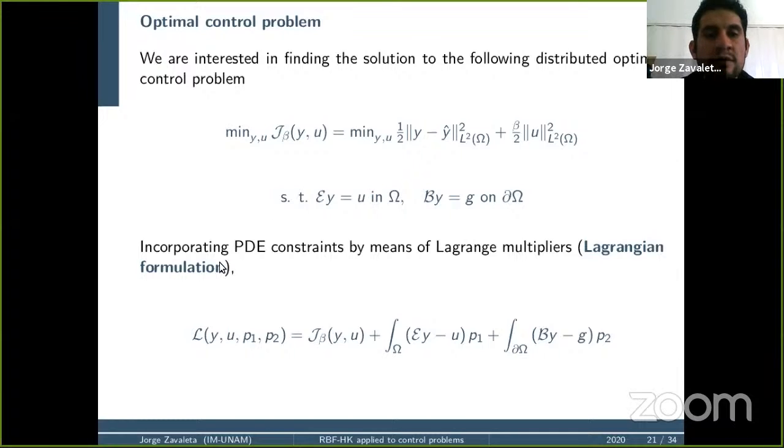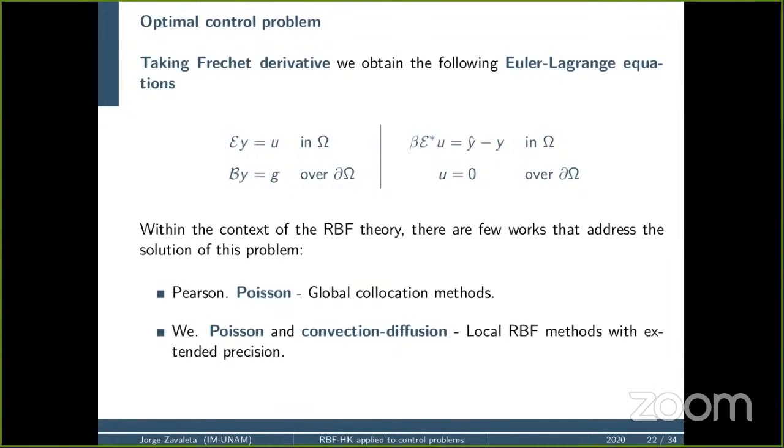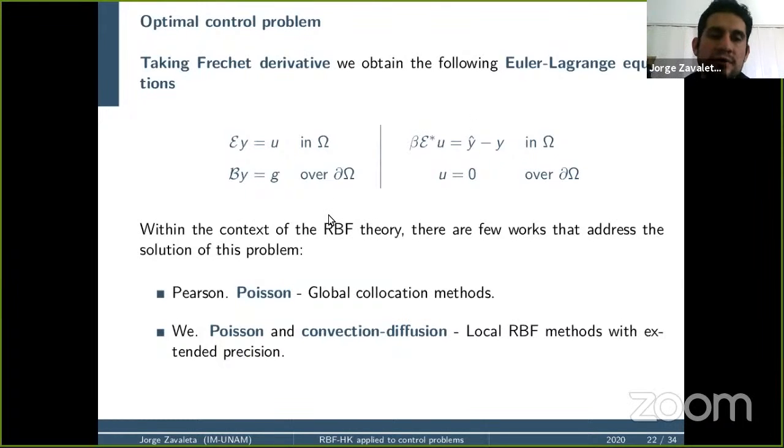So to do this, we are using the Lagrangian formulation, using the Frechet derivative to obtain the Euler-Lagrange equations. Here we have the adjoint equation and the state equation. Then we are going to apply the radial basis function methods to solve this problem and obtain the optimal state and the optimal control.